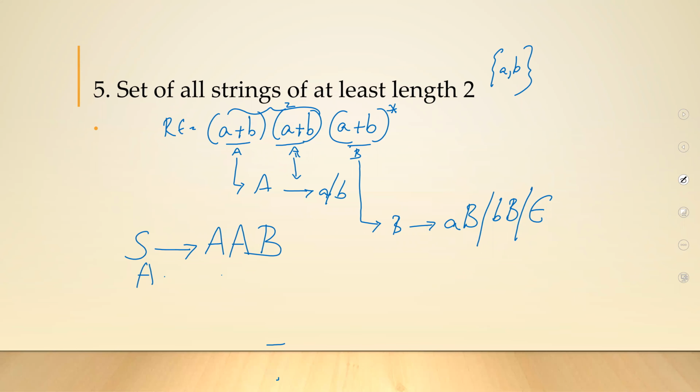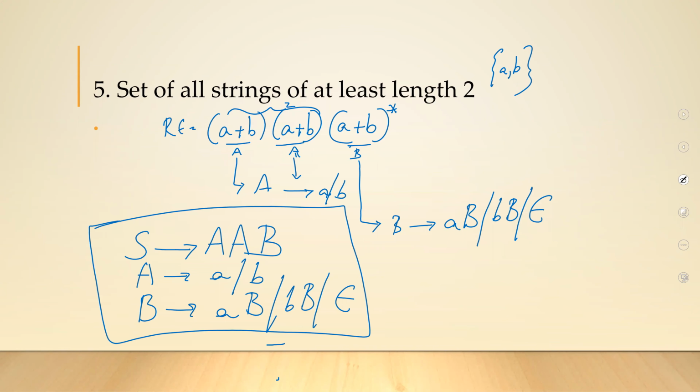My A is either an A or a B. What is my B? My B is my A raised to N thing: AB or BB or epsilon. So this is my grammar for the set of all strings of at least length 2.